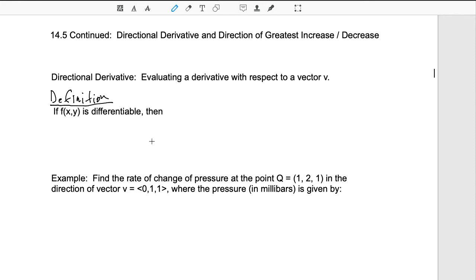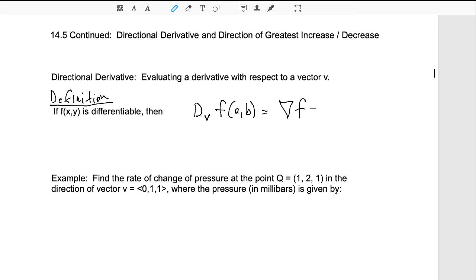So if we have a function that's differentiable, then we have that the derivative with respect to v of some function evaluated at some point a, b is going to be the gradient dotted with the vector.